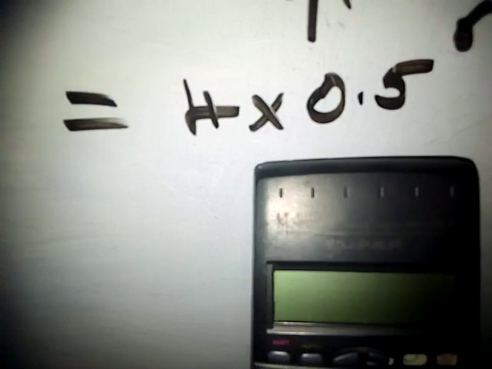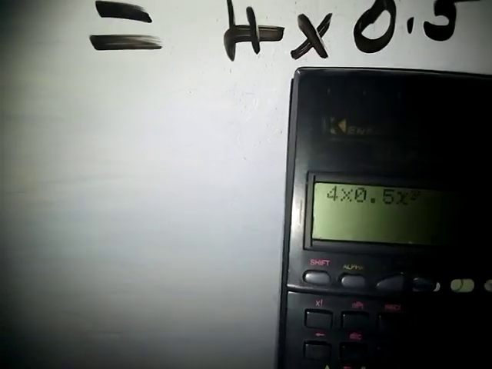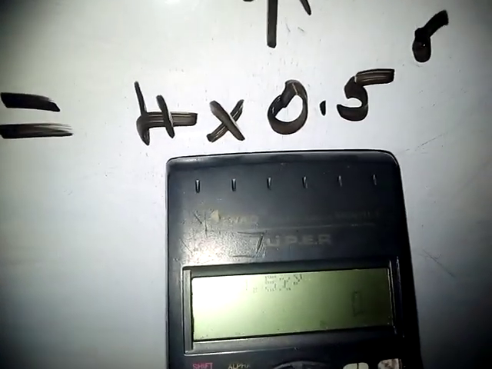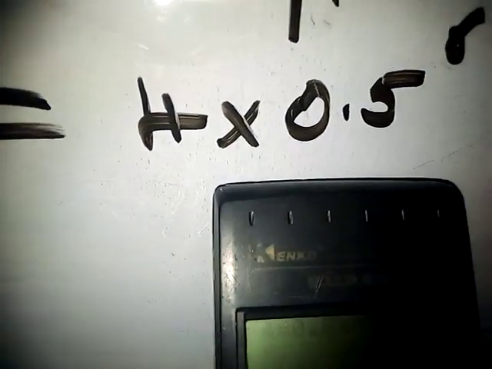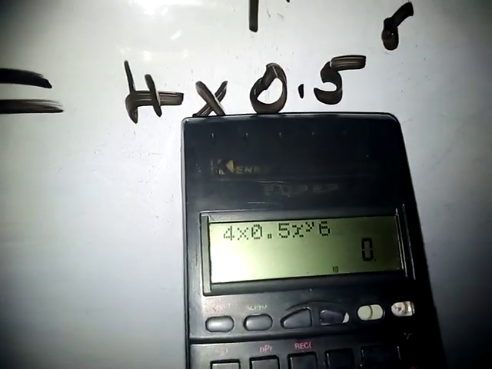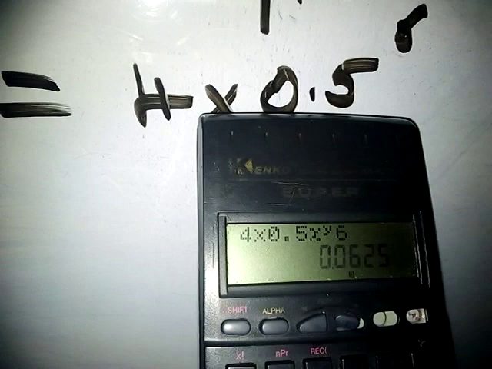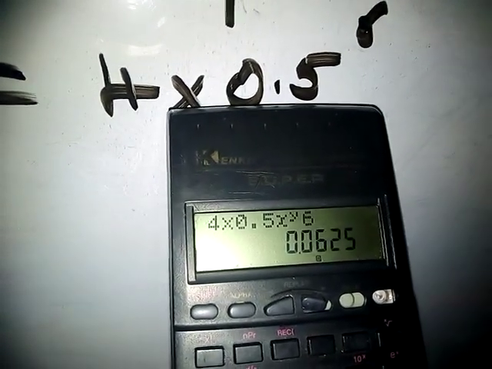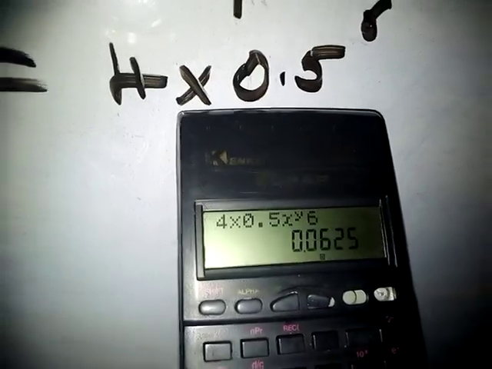The power button is just right here. This is the power, 6. The power 6. Have you seen this? Then punch it on your calculator. And of course, our answer will be 0.0625.